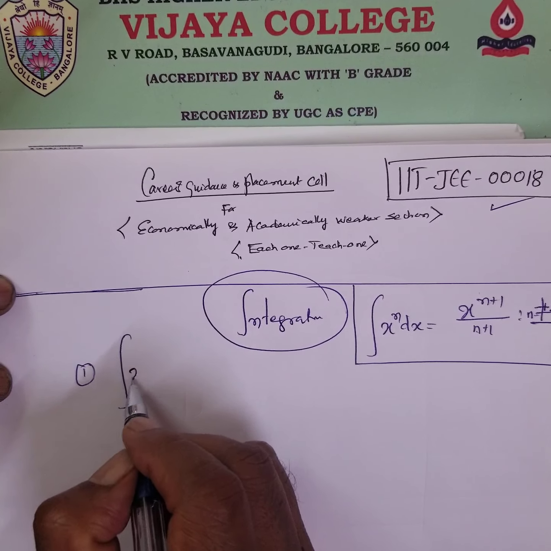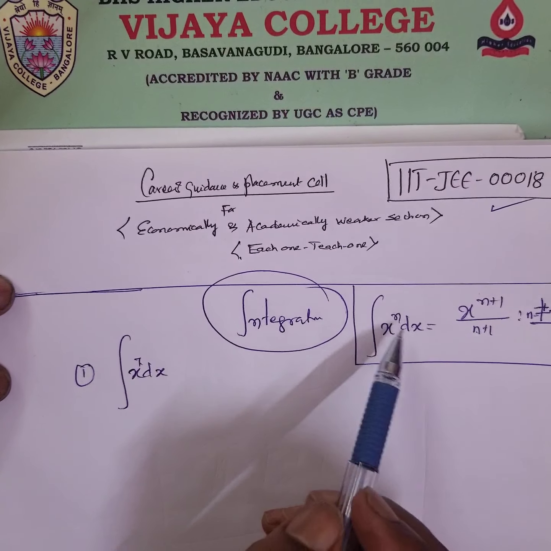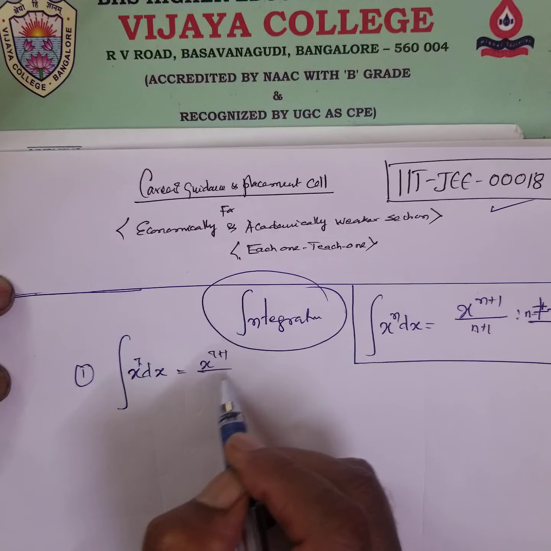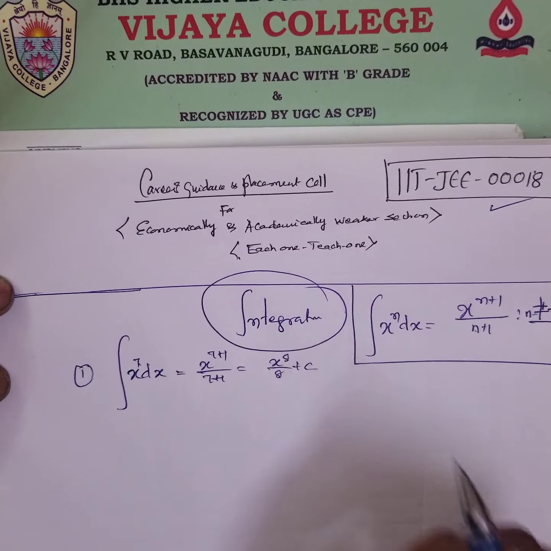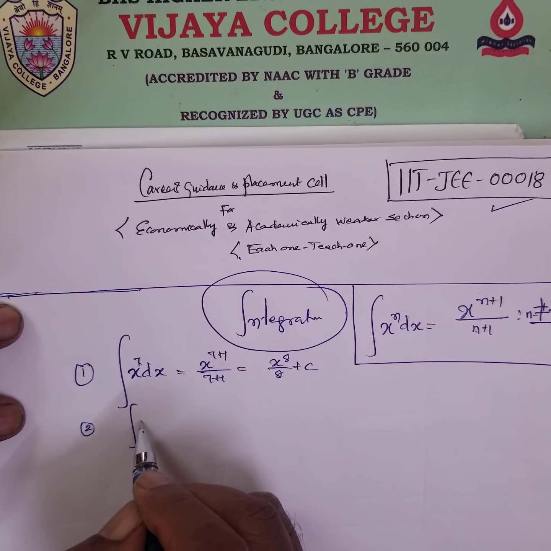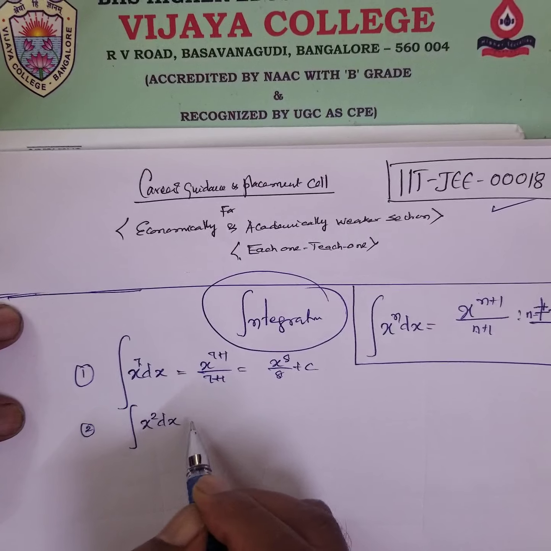See, integral of x to the power of 7 dx. What is n here? 7. Therefore, x to the power of 7 plus 1, that is 8, x to the power of 8 by 8 plus c. The same number comes down. Say integral of x square dx.